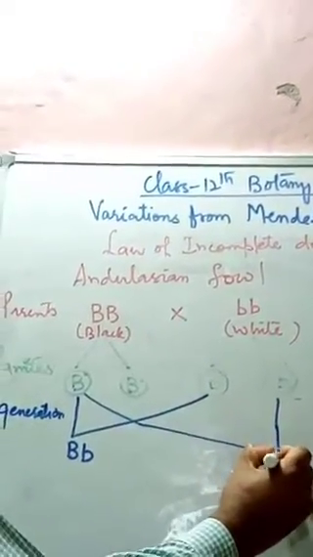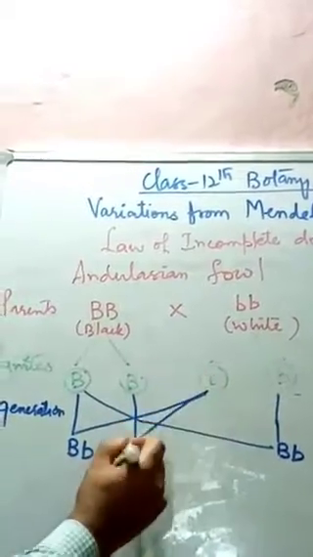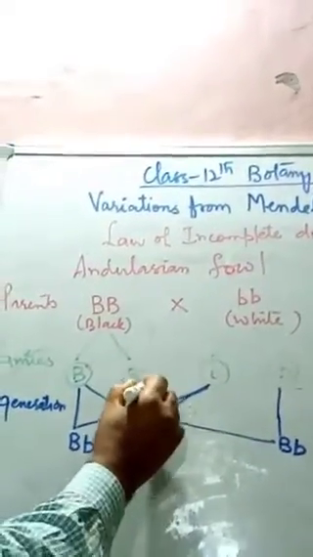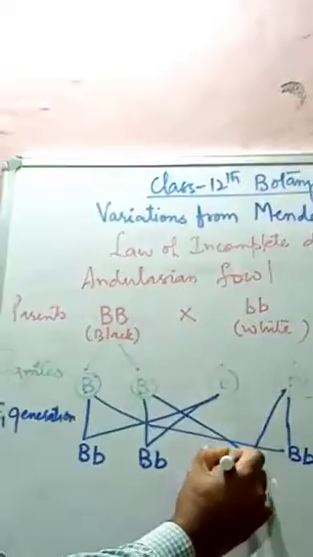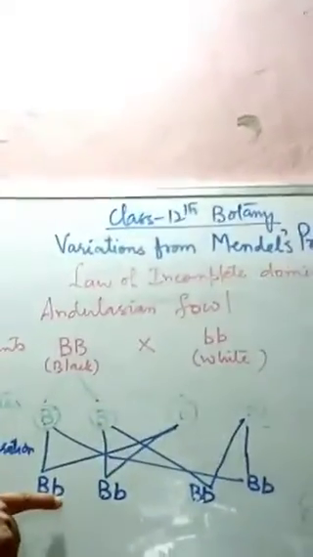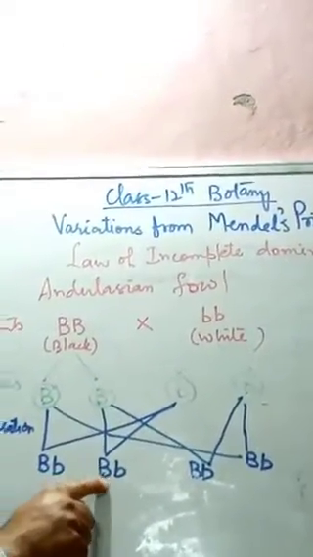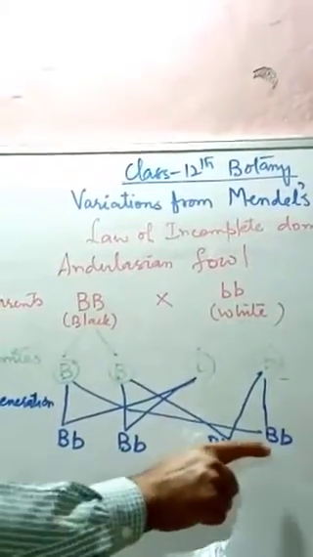Again this will be capital B, small b. This will be capital B, small b, and this will be capital B, small b. According to Mendel, this is the dominant, this is the recessive. So here it should be black. Again this will be black, this will be black, this will be black.